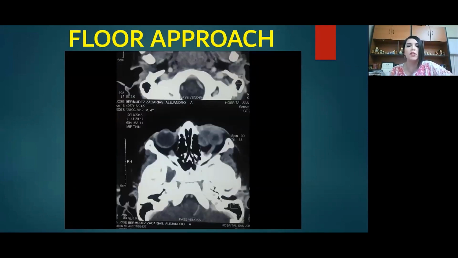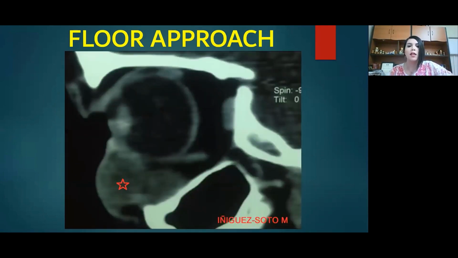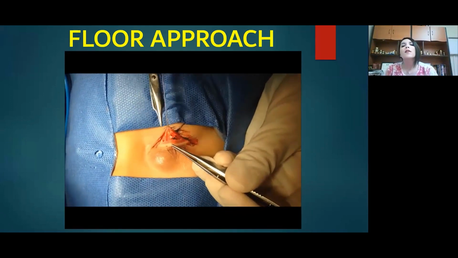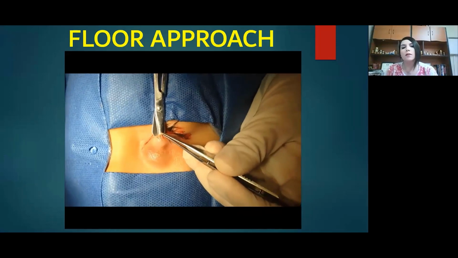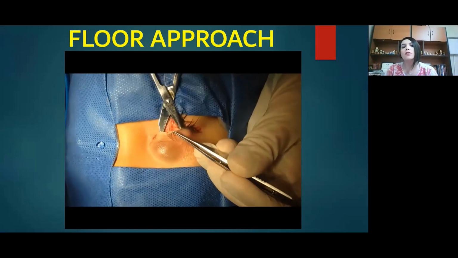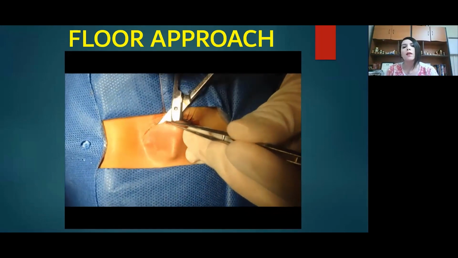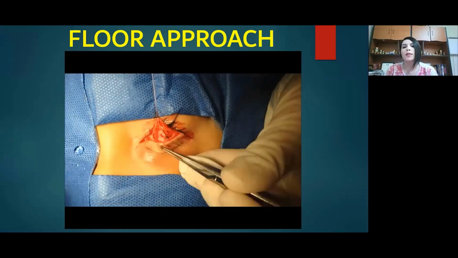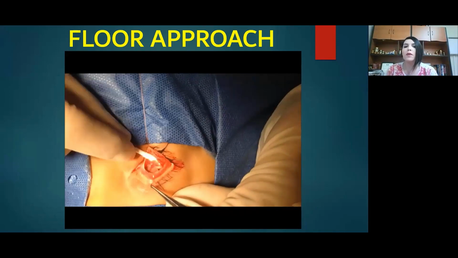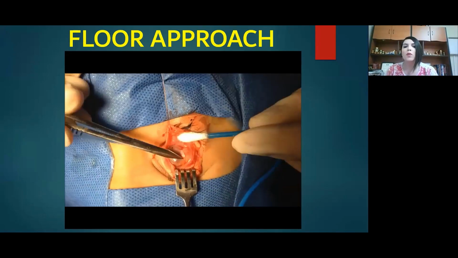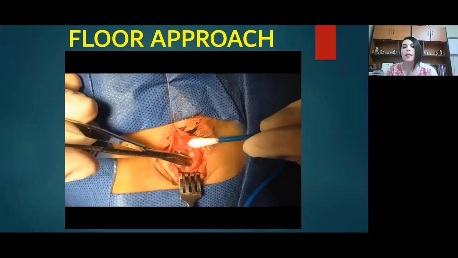In the sagittal position, we arrive very carefully so as not to injure the skin. We separate the retractor muscles from the tarsus to arrive at the floor of the orbit very carefully, because remember, it's a vascular tumor. Here we have the tumor. We are going to separate the fat pads.